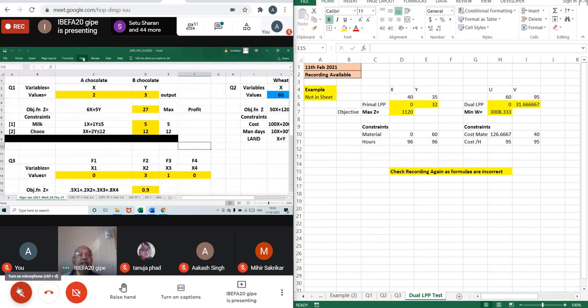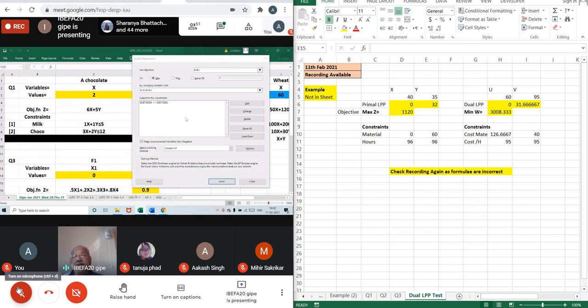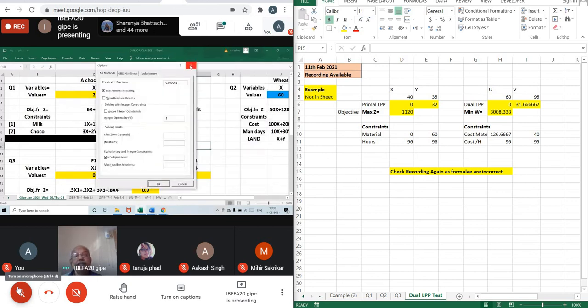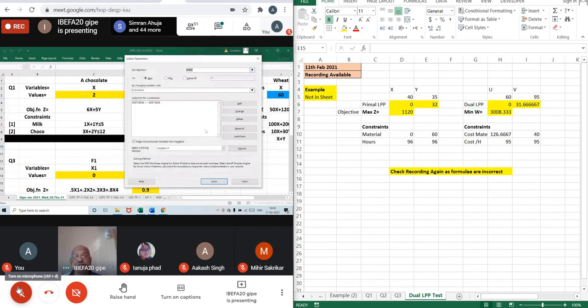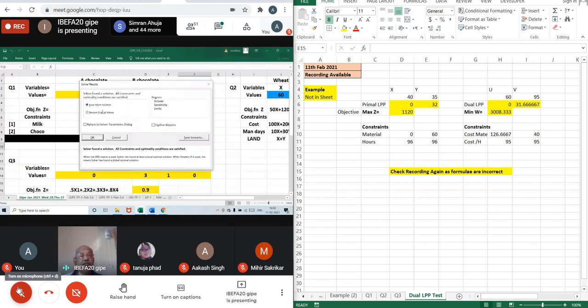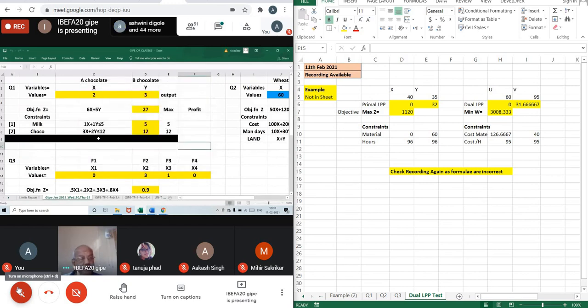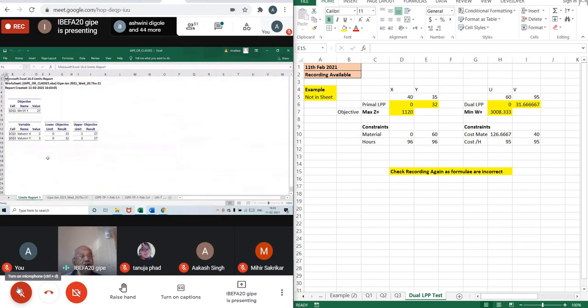Then what is sensitivity analysis? See solver. Along with it, if I go for option, in solver it is asking answer, sensitivity analysis and limits. Say limits. I got the limits.